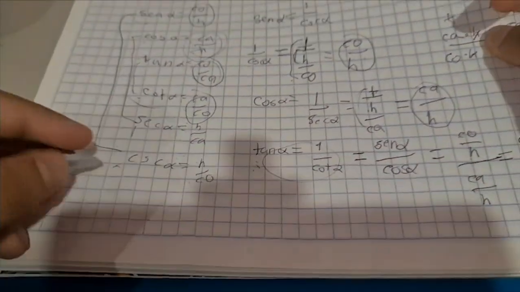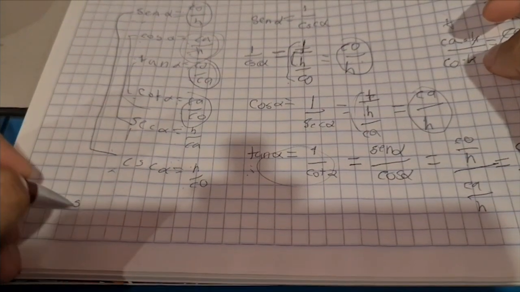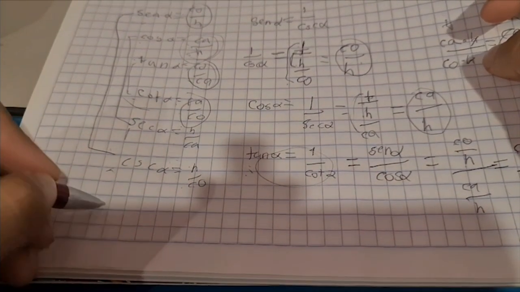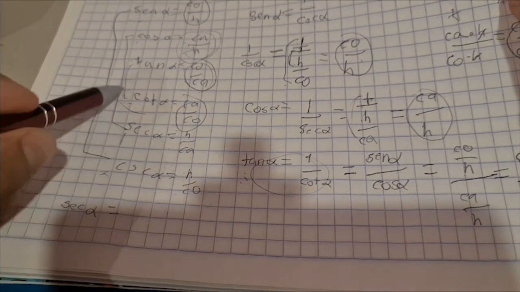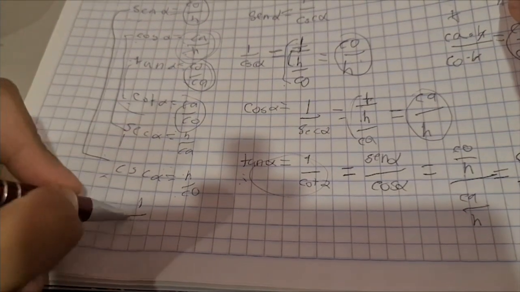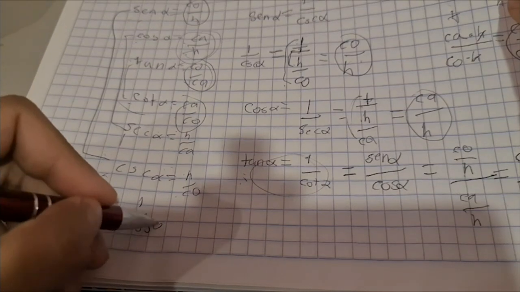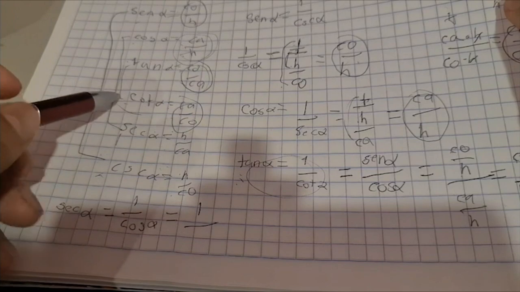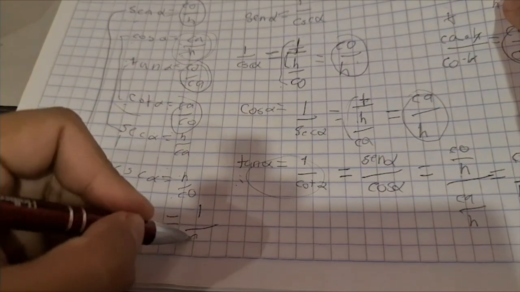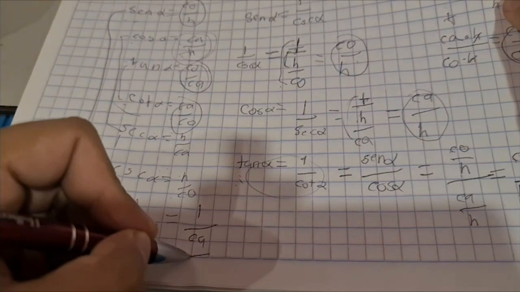Now for the secant, it is going to be equal to 1 divided by cosine, that is equal to 1 divided by adjacent leg between h.